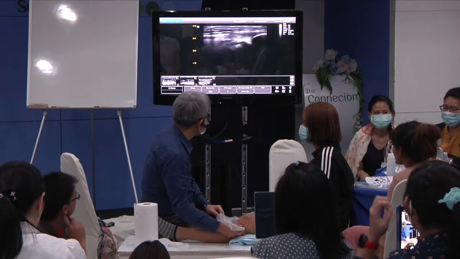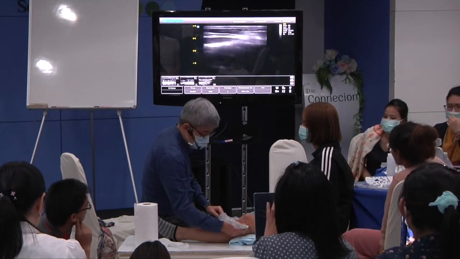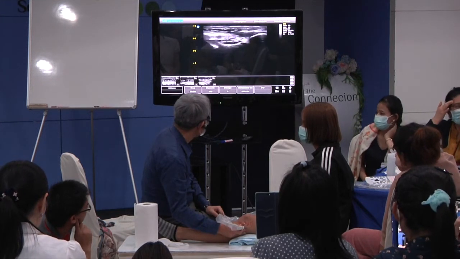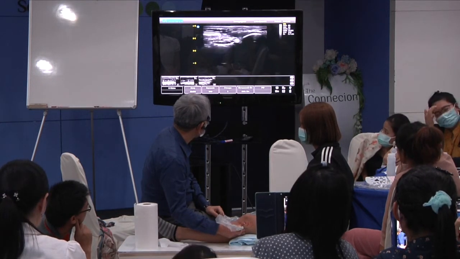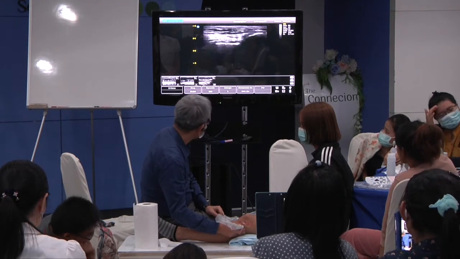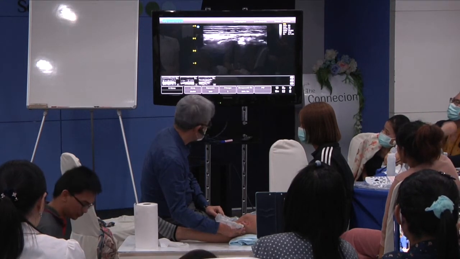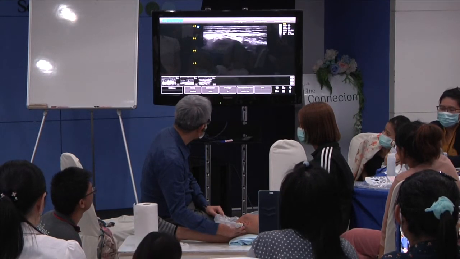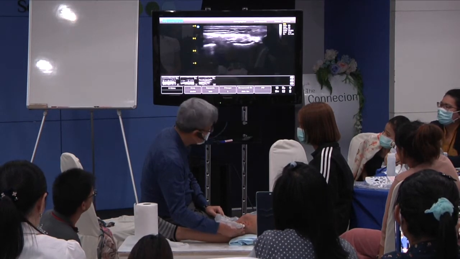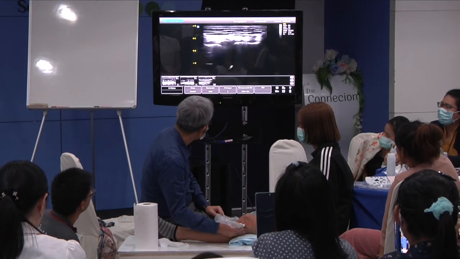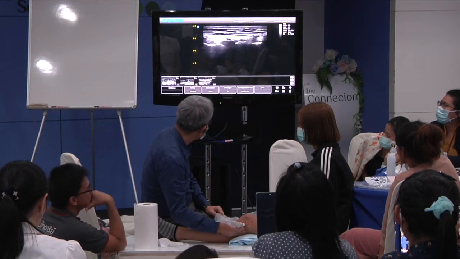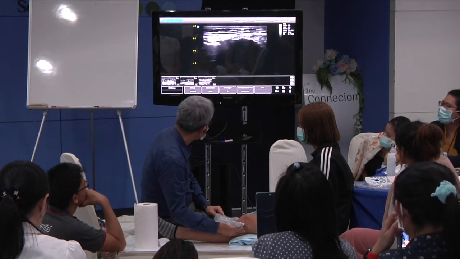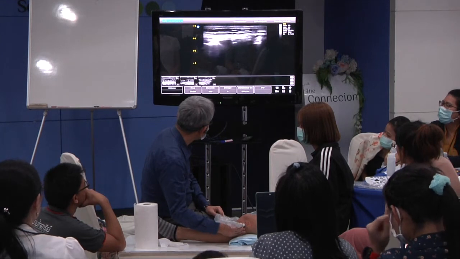Find the LCL, find the fibula head and move forward and tilt it a little bit. This is tibia, too much.